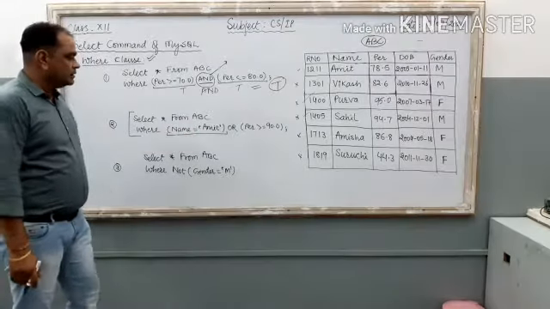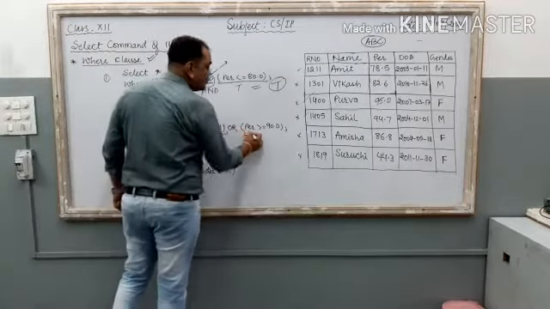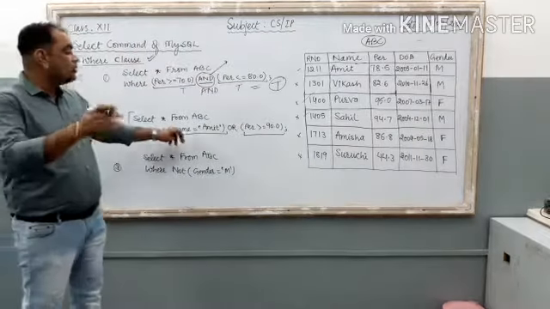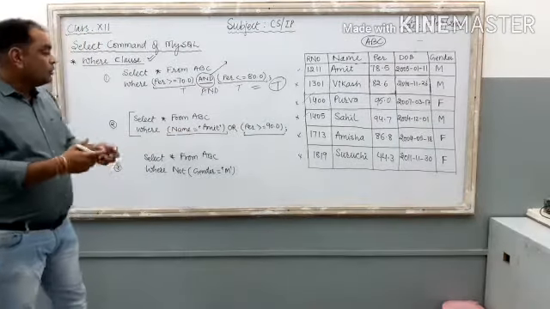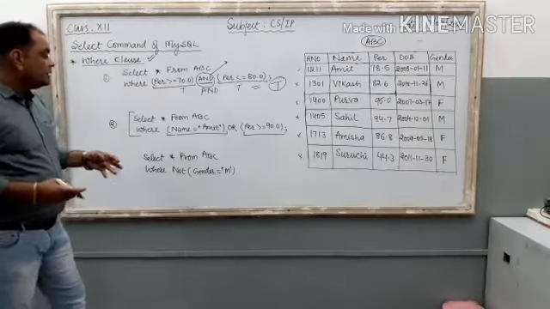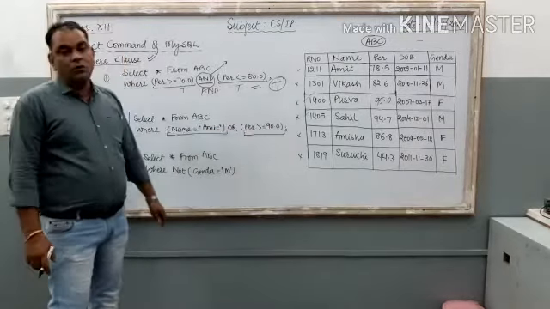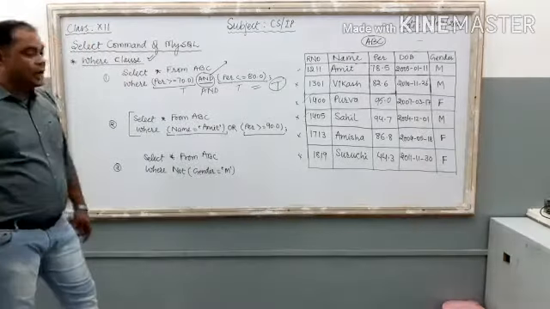Name equal to Amit. The second condition is based on another column, the percentage column. So two different columns are going to filter from this table. Name equal to Amit or percentage greater than or equal to 90.